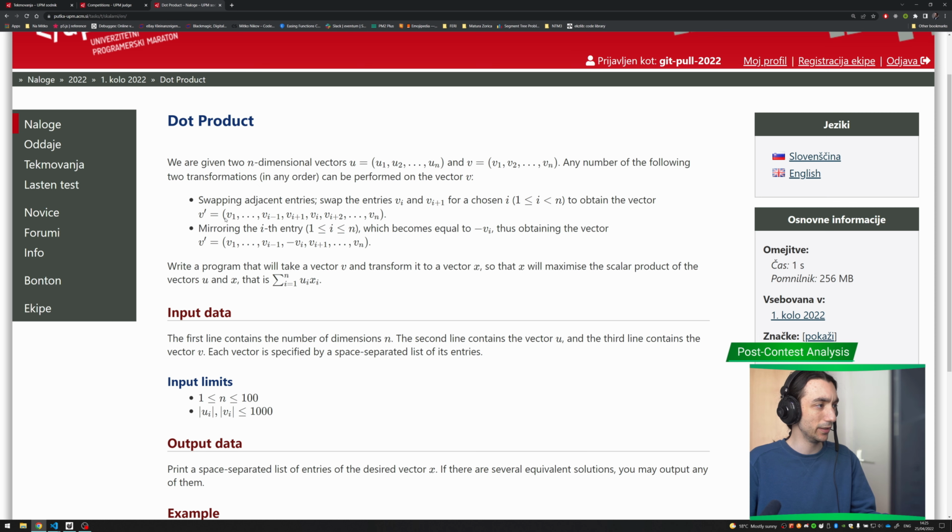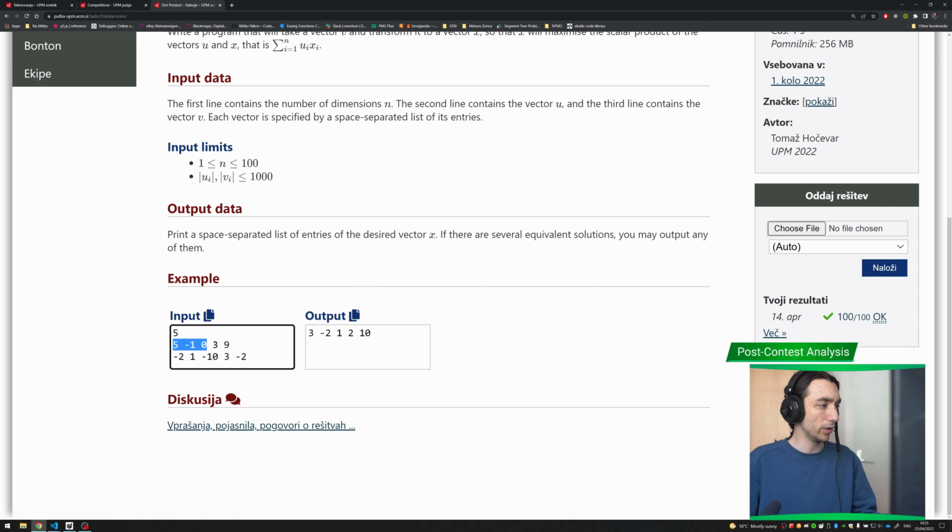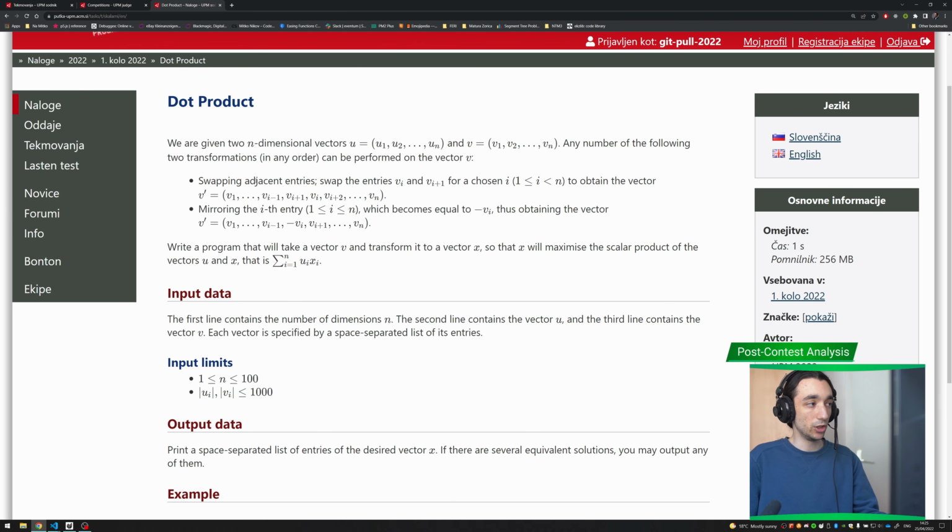You are given two vectors. One of the vectors you can't change, the other vector you can flip: you can swap any two adjacent entries in the other vector, or mirror the ith entry. What that means is just swapping the sign of the ith element.